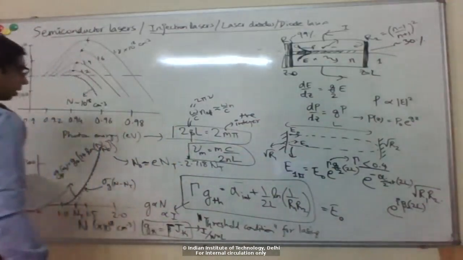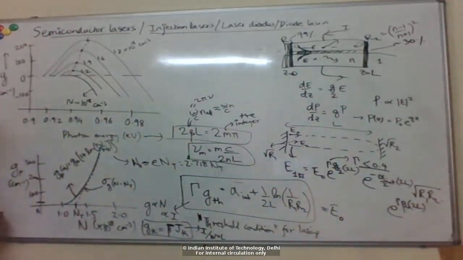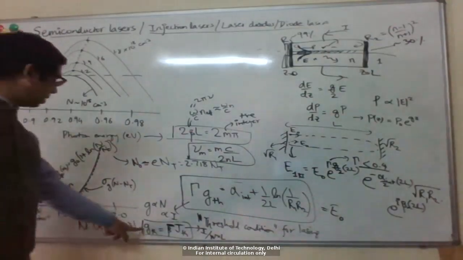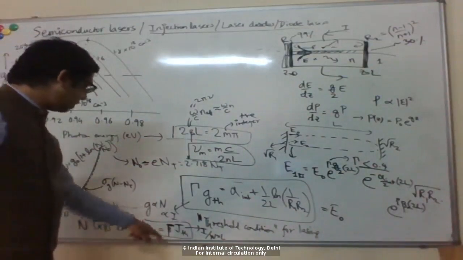This beta bar is known as the gain factor of the laser, and it has units of length per current, centimeter per ampere, because again G has units of per centimeter.